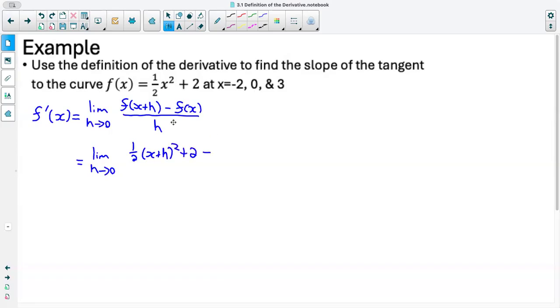And then we have minus our function, and it's just x here, so it's just minus this entire function. Now I tend to substitute it all in brackets, and then in the next step, take care of expanding it out. So we've got 1/2 x squared plus 2, and that's all being divided by h.